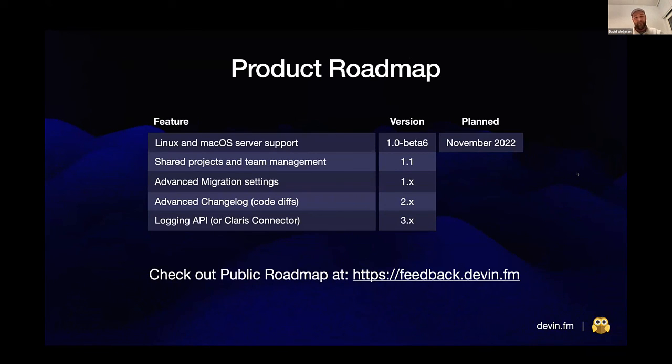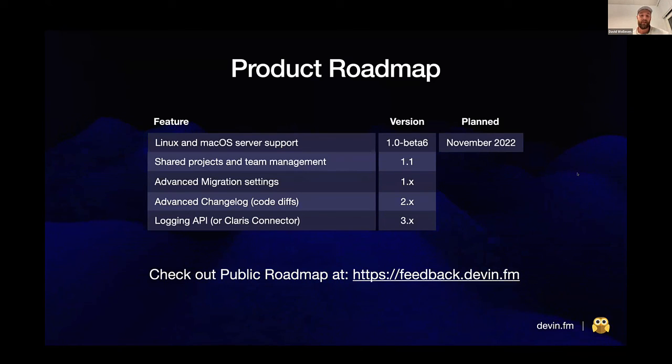Then lastly, just a brief overview of what we expect to come next. The biggest feature request has definitely been having Unix support on the server side. Currently, it's only supported for Windows Server, and we are working hard on that, and we hope to launch that around mid-November in beta 6.